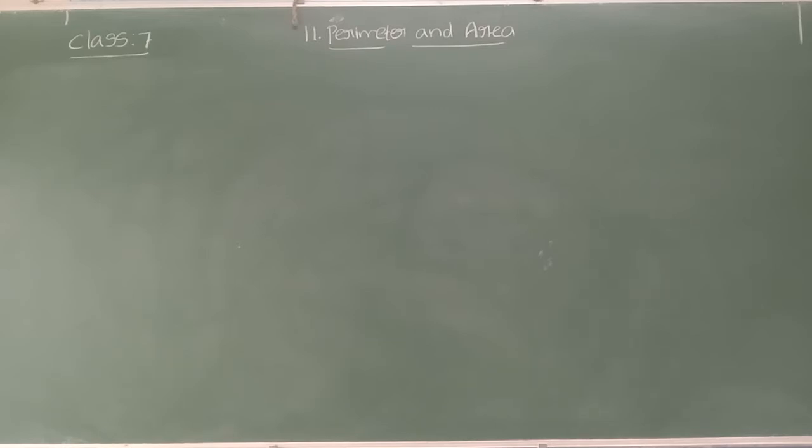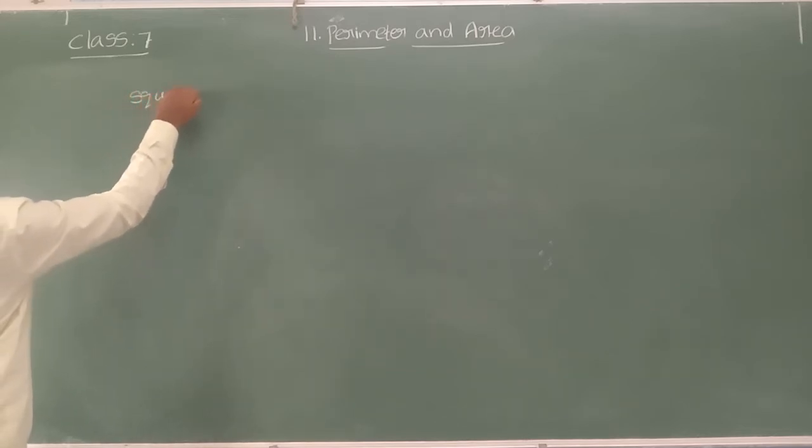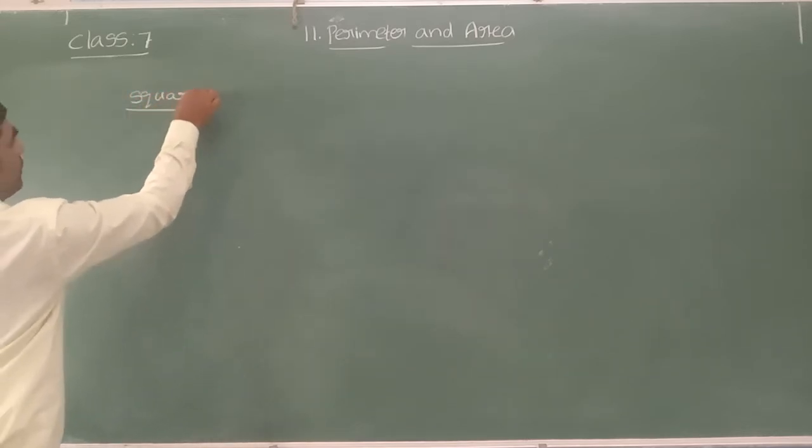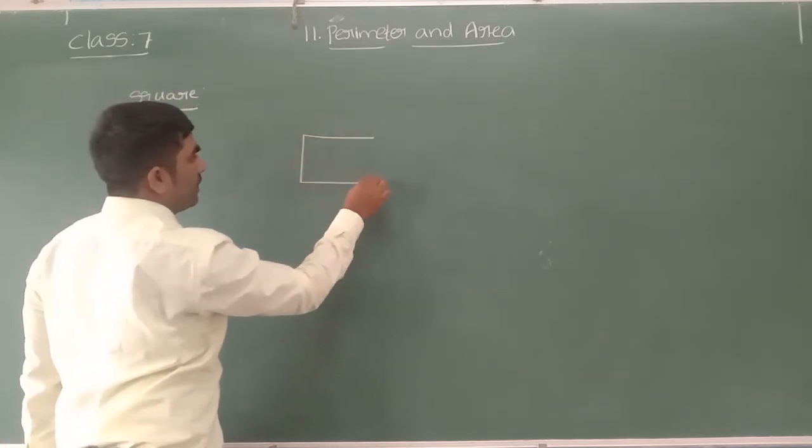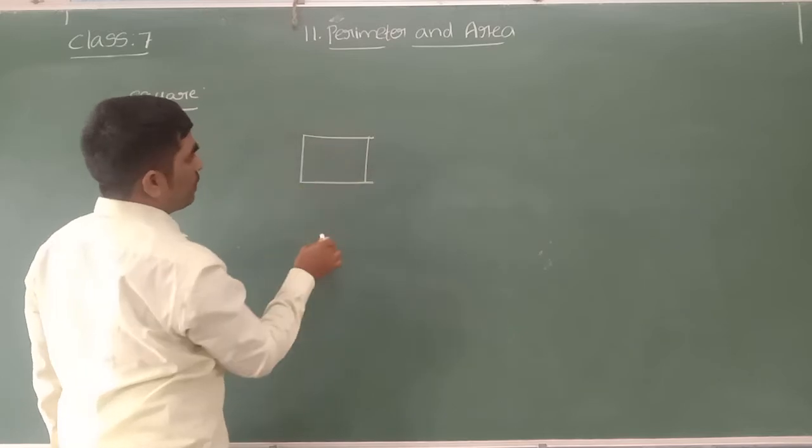Let us see the formula to find the area and perimeter of a square and a rectangle. So let me draw a square. We know a square is a four-sided simple closed figure.